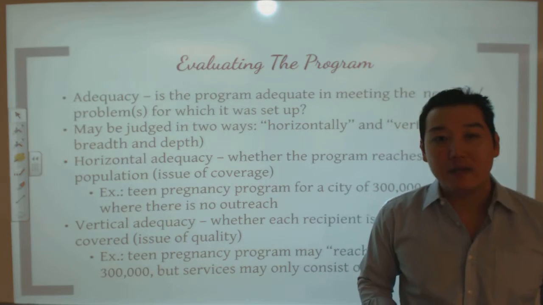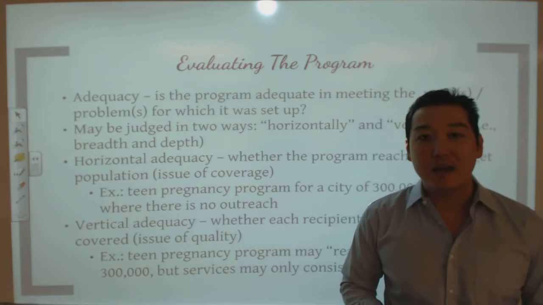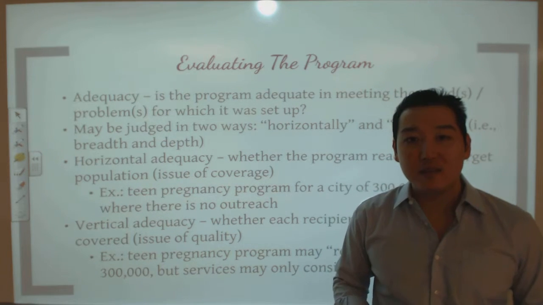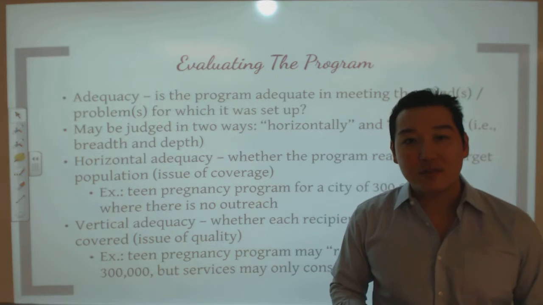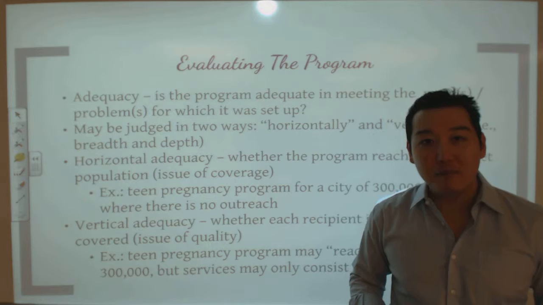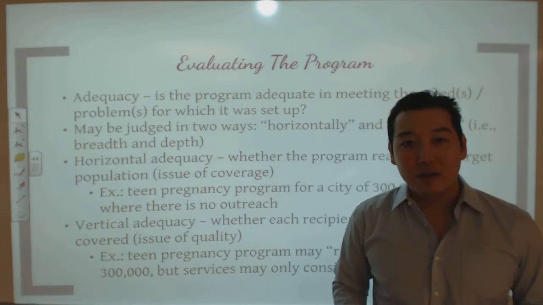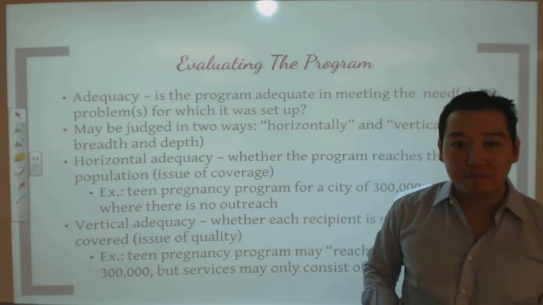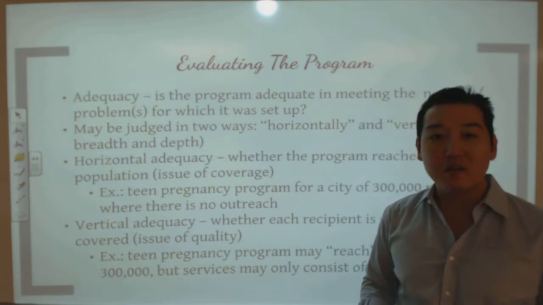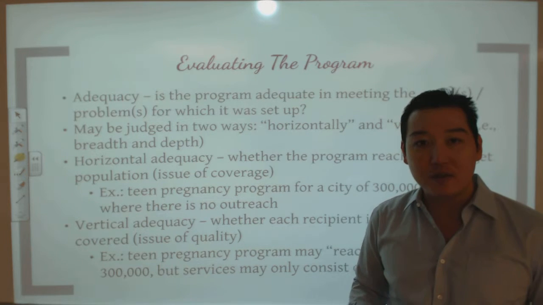One example, once again, is the Alzheimer's Association. If you find that the agency offers services in 25 out of the 50 states, but they claim to be national in scope, then maybe you make a case that it's horizontally inadequate. In the way of vertical adequacy, maybe the agency only offers basic information over the phone and referral services.